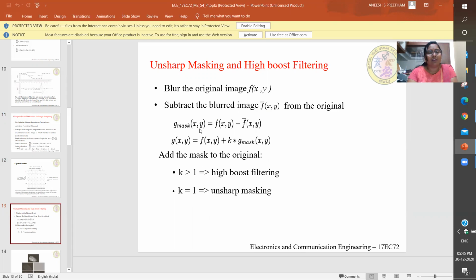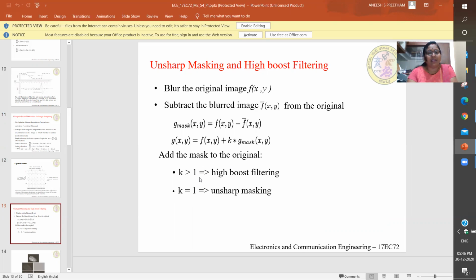The g mask of x comma y, that is the output, is equal to f of x comma y minus f dash of x comma y. Then add the mask to the original: g of x comma y is equal to f of x comma y plus k into g mask of x comma y.